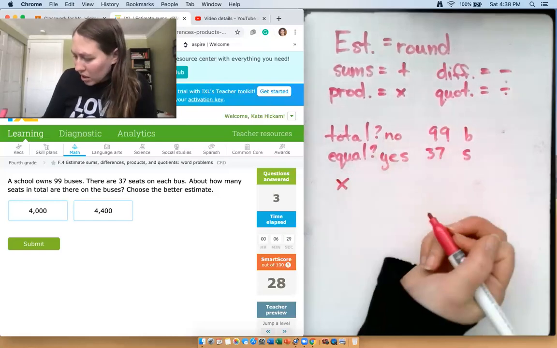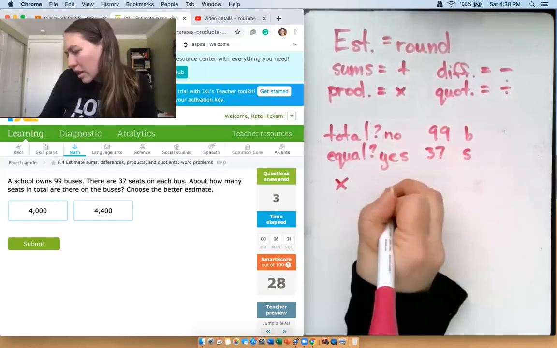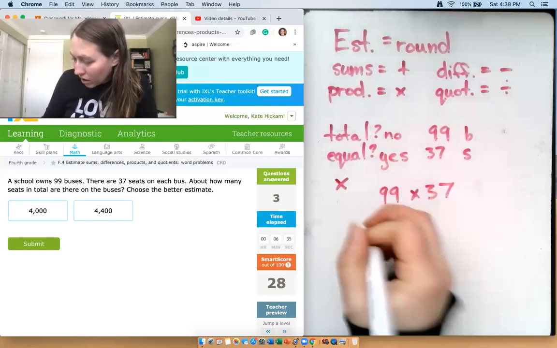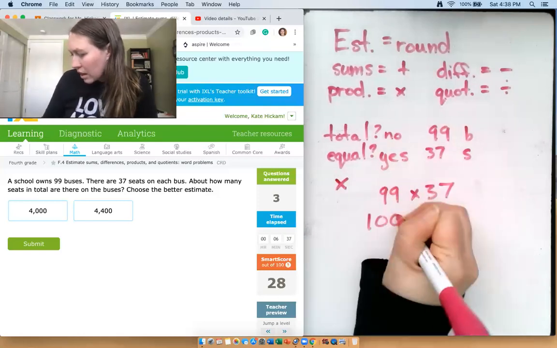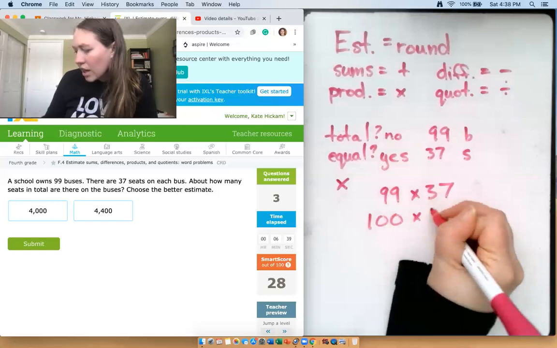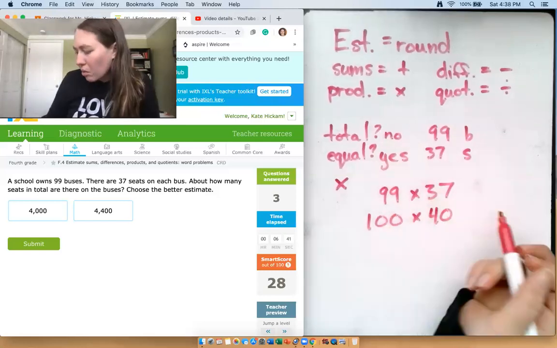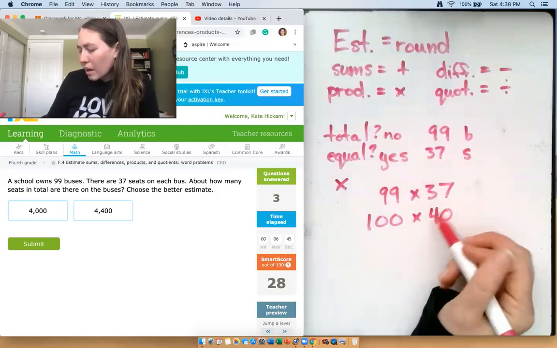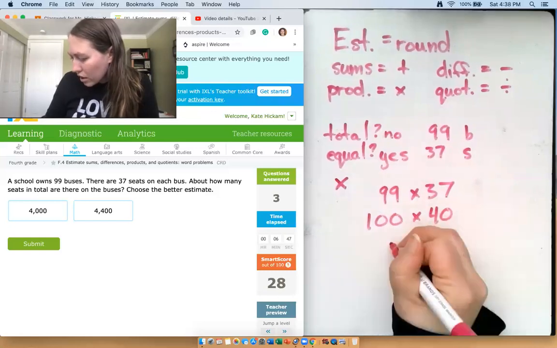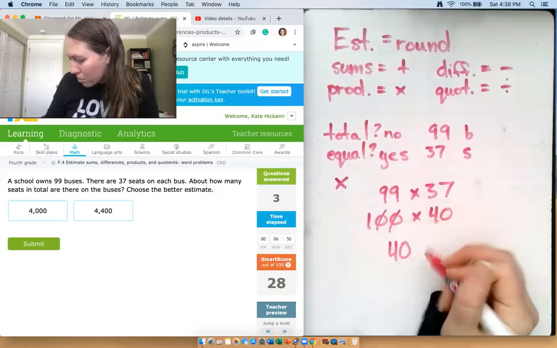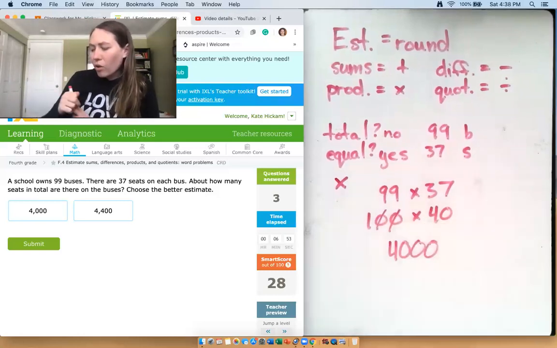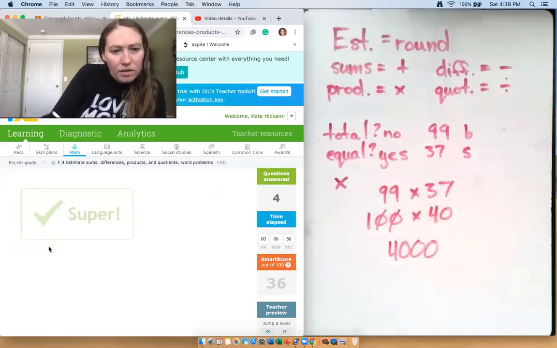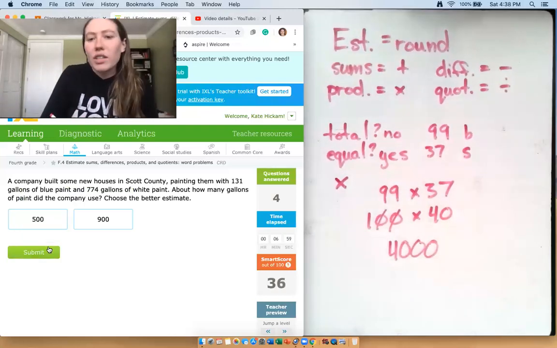So it would be 99 times 37, or 100 times 40. And you guys know from what I've done before, we're going to chop and drop. So 1 times 40 is 40, and then we chop, chop, drop, drop, and we have 4,000. 4,000, perfect.